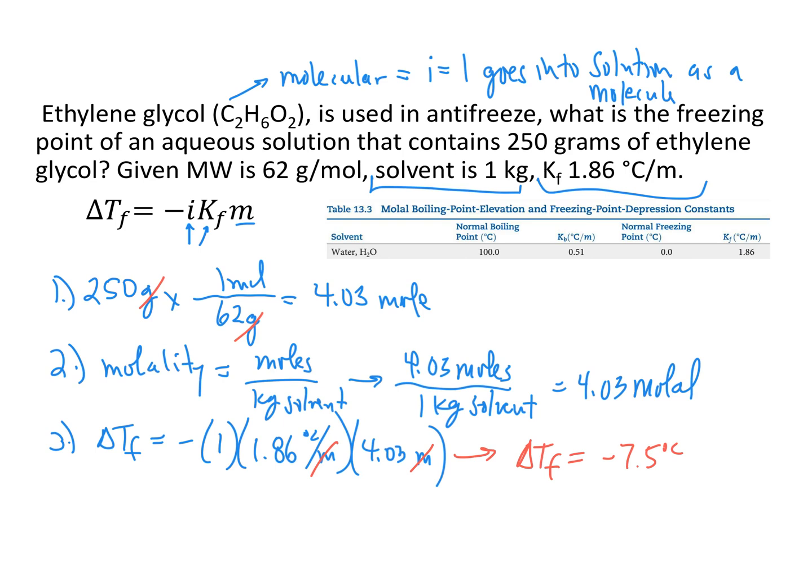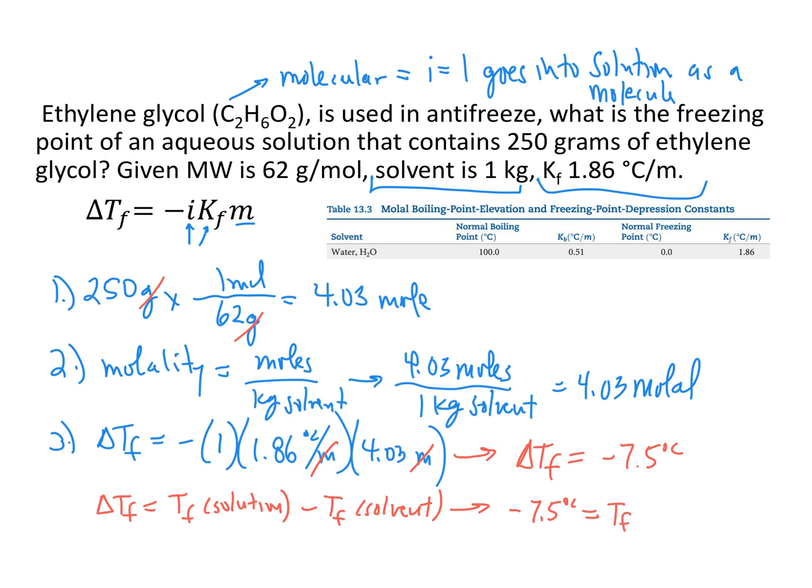So again, my change in freezing point equals the freezing point of my solution minus the freezing point of my solvent. This one is not a hard calculation because it doesn't change our answer like it did for the boiling point. So I found that the change in freezing point equals negative 7.5 degrees Celsius.